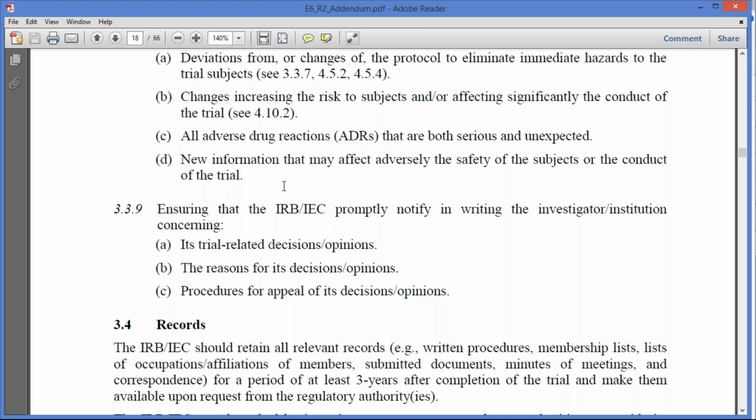The investigator has to submit these points to the IRB. The IRB, at the same time, should notify the investigator in writing of any approvals, reasons for the approval, disapprovals, and the procedure for appealing.